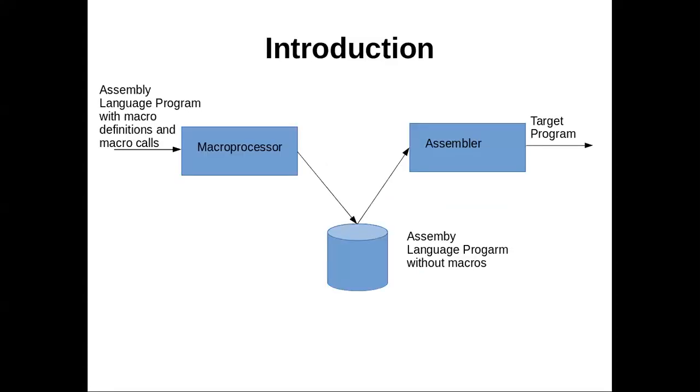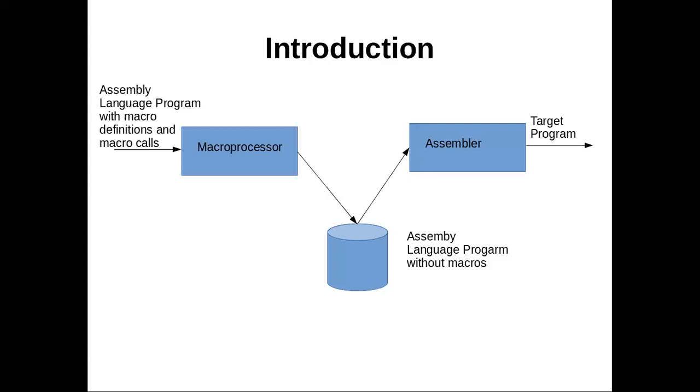Before moving on to the implementation of macro processor, we must know what is a macro processor. Macro processor is a program which receives the assembly program which contains macro definitions and macro calls and converts it into a program which doesn't contain macros and macro definitions.